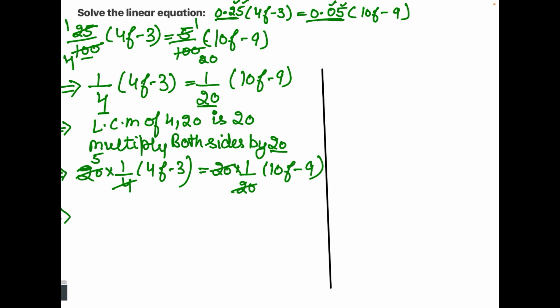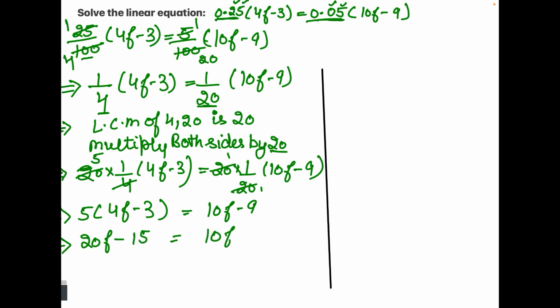Now the equation will be 5 (4f minus 3) is equal to (10f minus 9). Now we will open up the brackets. 5 times 4 is 20f minus 5 times 3 is 15, is equal to 10f minus 9.